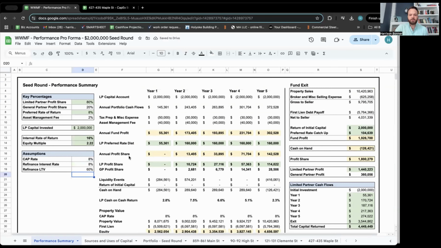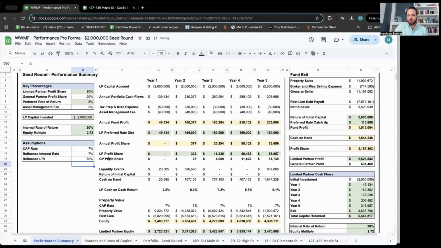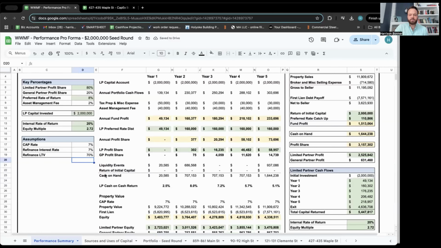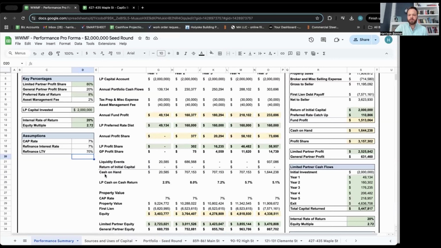So these are all built in. I'm shooting down the middle here, trying to play realistically conservative but optimistic, but have these models built in so that we can see, well, if this happened, how would this affect us?